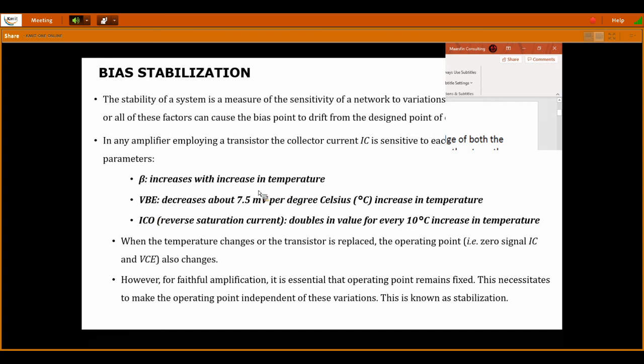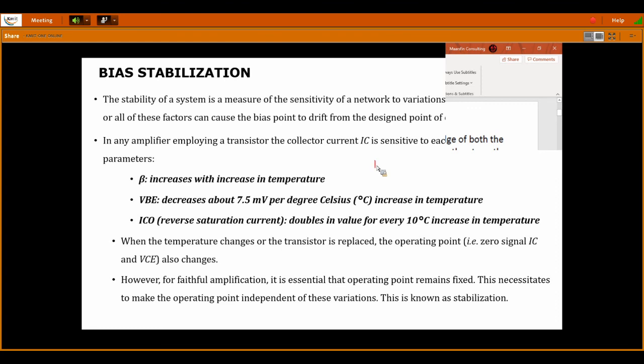And IB is equal to VTH minus VBE, where VBE is the base to emitter input junction voltage, which can vary by 7.5 millivolt for every degree Celsius due to the temperature increase, and as well as ICO.